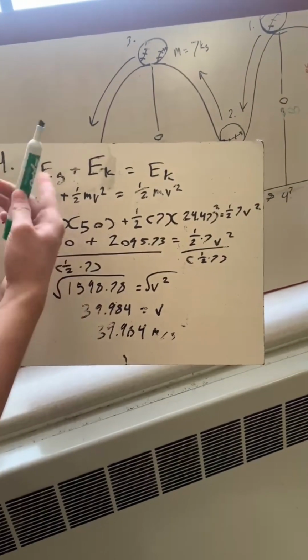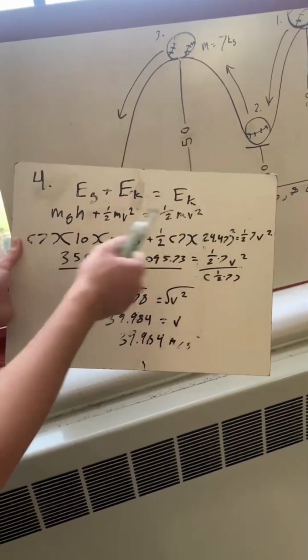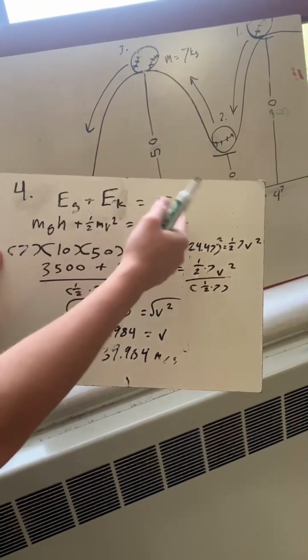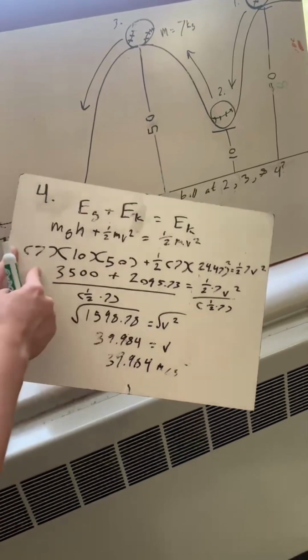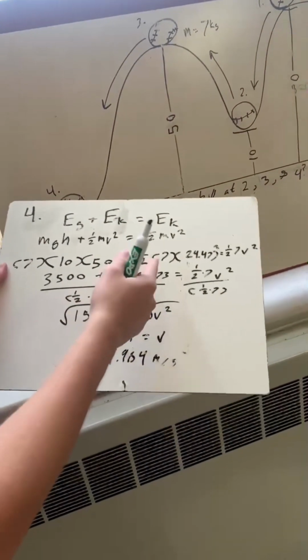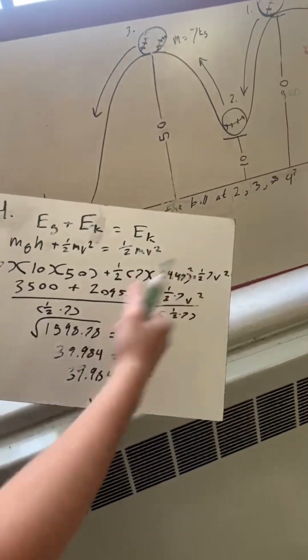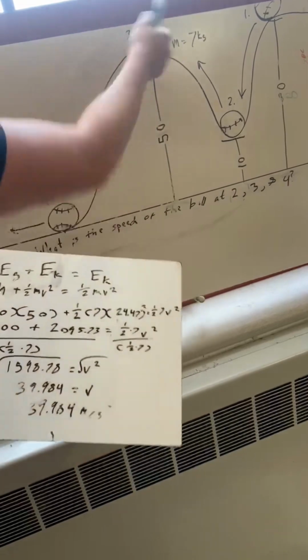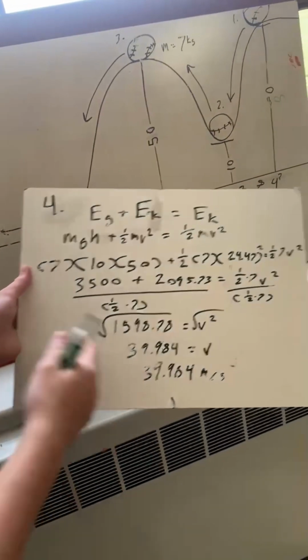Now put in the equations for each of them and the numbers: 7, 10, gravity, 50, plus, again, 7, 24.47, the answer from earlier, equals 1/2, 7, velocity squared.